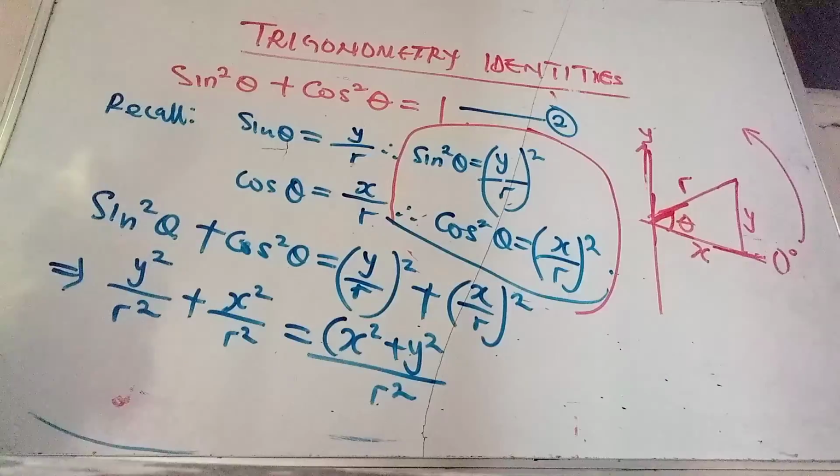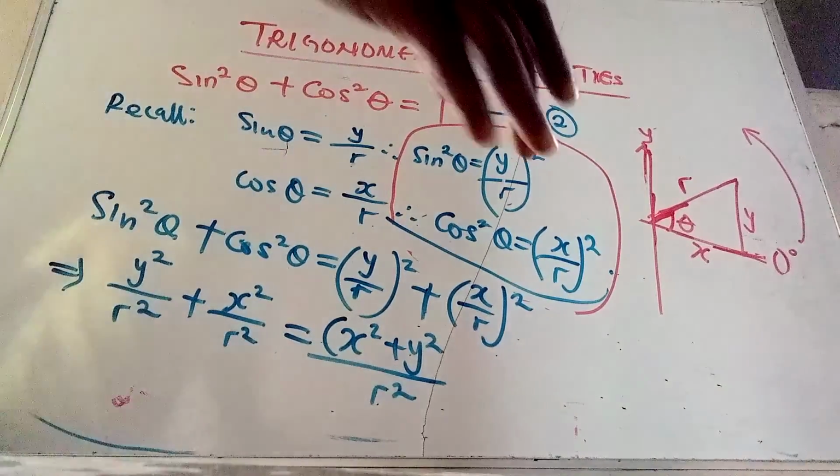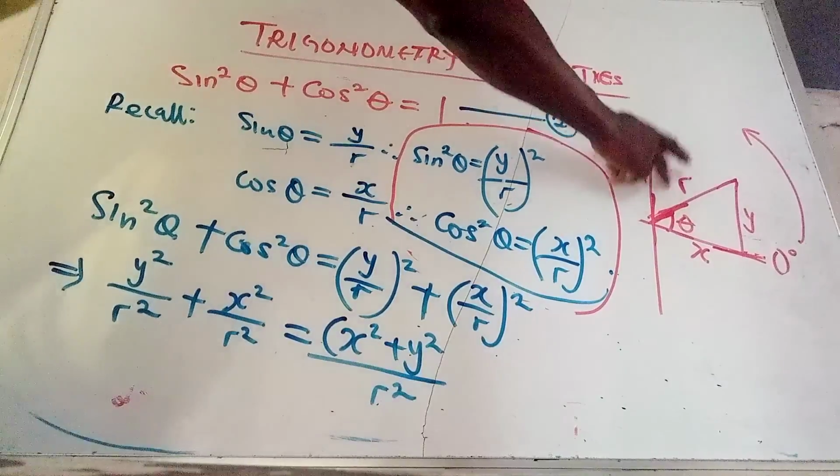R squared. Okay. Having done this, I will now go back to this triangle and find this r.